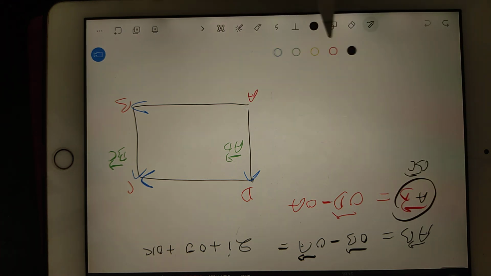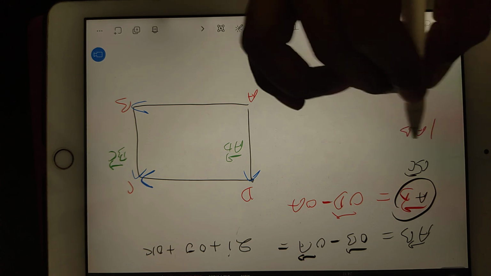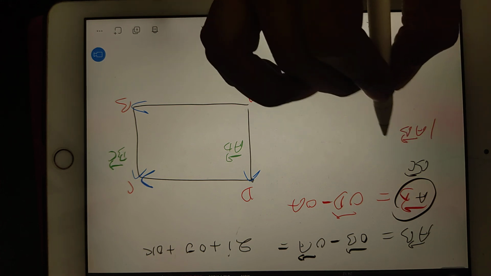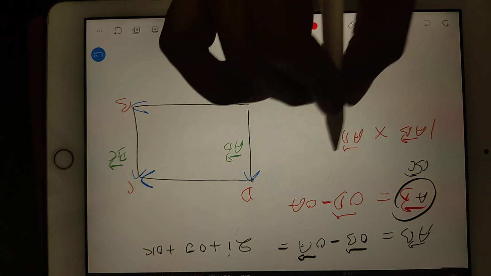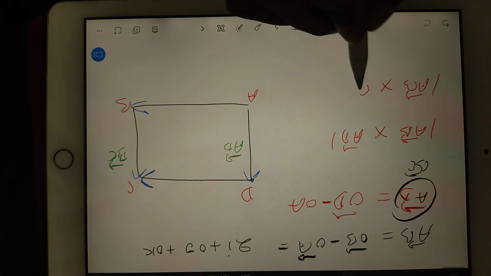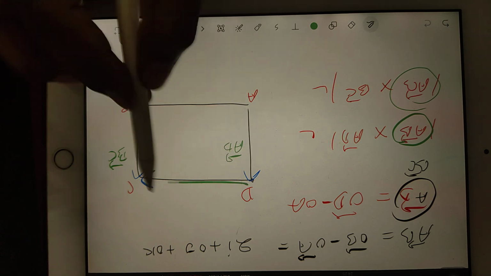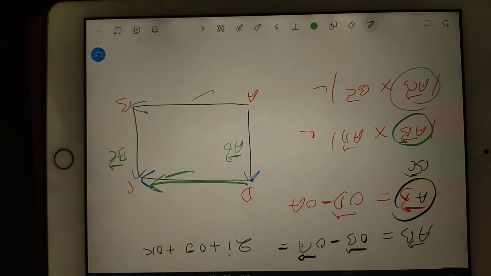It means in option your area may come as AB cross AD, or in one option they can say AB cross BC. They both will give you same area. Or maybe AB they can replace with DC also, because these two vectors are also same.